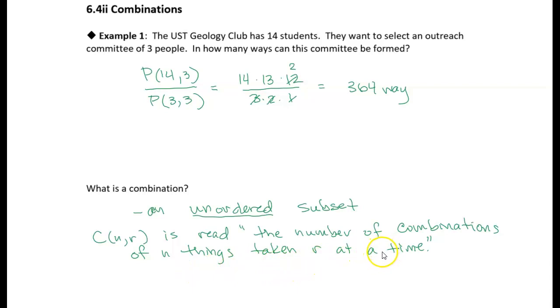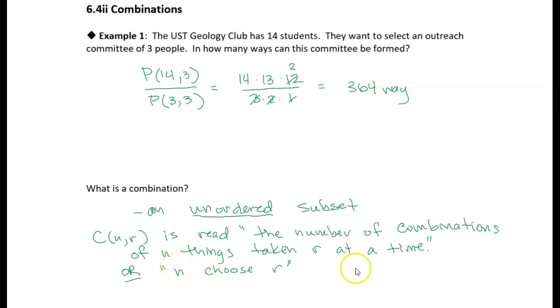That's similar to the way we read the permutations. The only word that's different is combinations versus permutations. Another way that it's often read is just n choose r. So we're choosing r things from n, and choose often means combination where order doesn't matter.